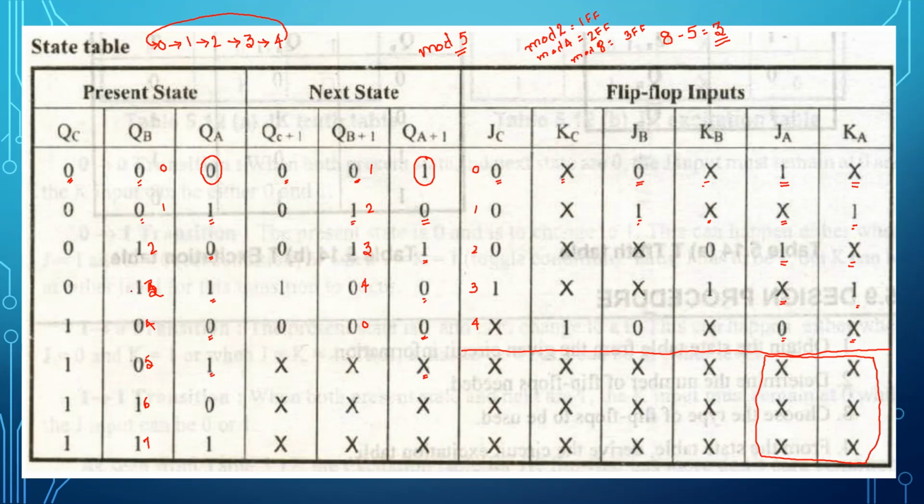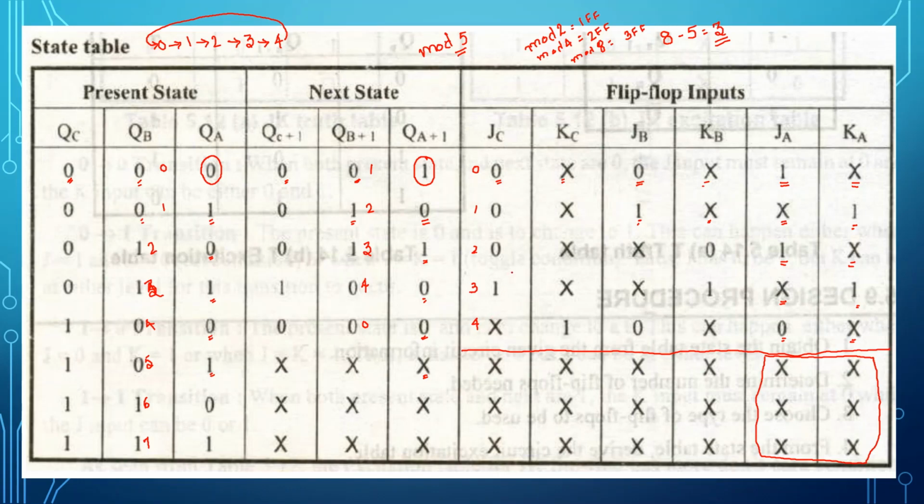When you want the next state to be 1 here, you can give the input as 1x. Present state is 1, I want the next state to be 0. You can give the input as x1. So filling up this particular state table is very important, because my entire design stands on the values you are going to fill up in the state tables.